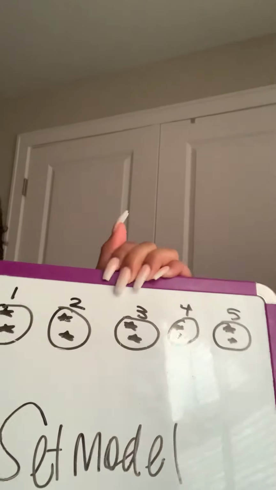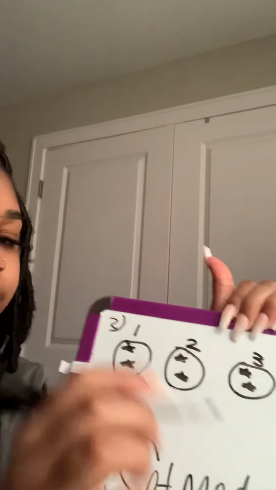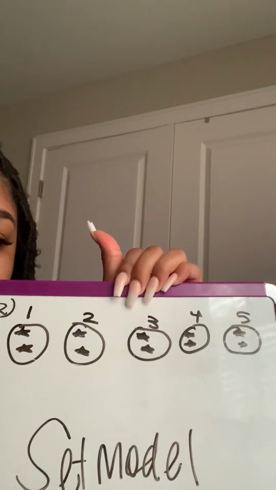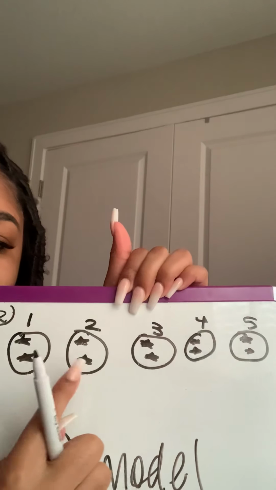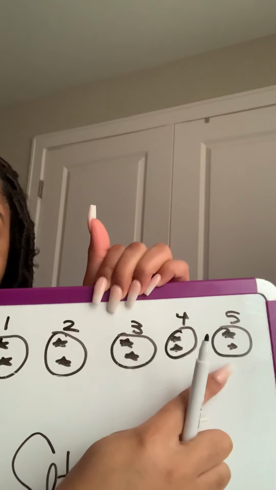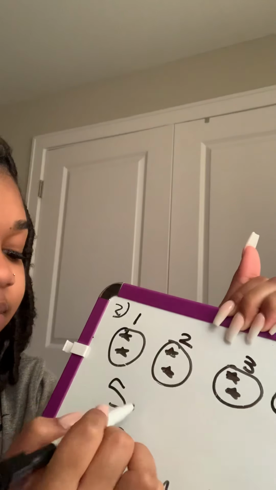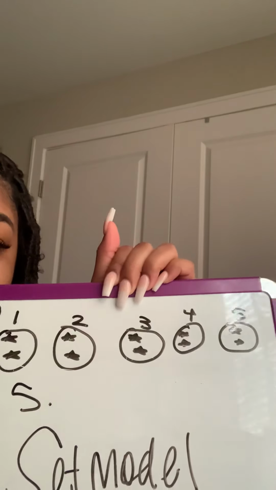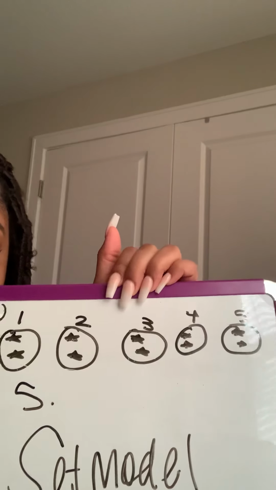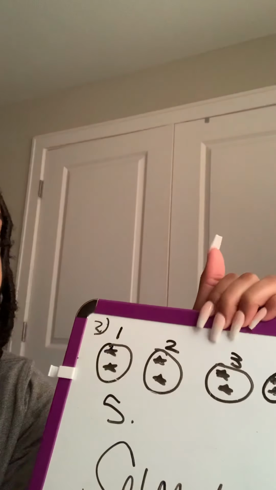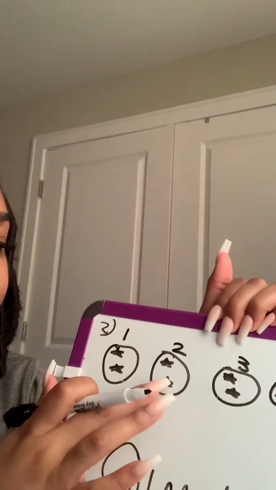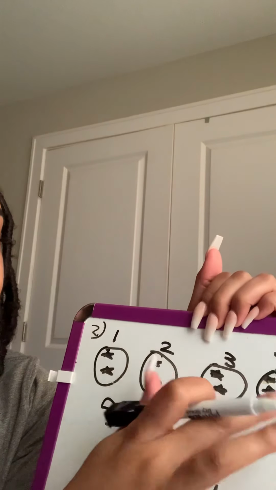All right, so your set model, example number 2, you have 5 circles. So we have 1, 2, 3, 4, 5. Okay, so our first number is going to be 5 because that's how many circles that we have. We have 5, and they each have 2 stars in it. So 1, 2, 1, 2, 1, 2, 1, 2.